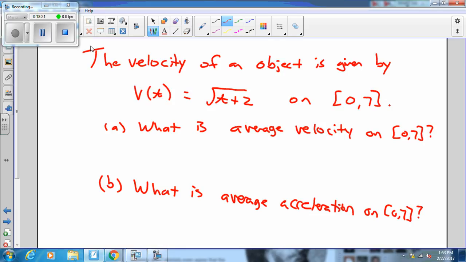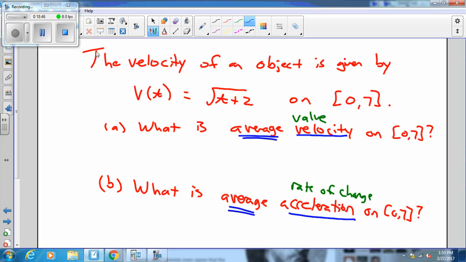What is the average velocity, and what is the average acceleration? The reason that I wanted to do these two questions is that they both have the word average in them, but one is asking about an average value, and one is asking about an average rate of change. And these two are not the same thing at all.